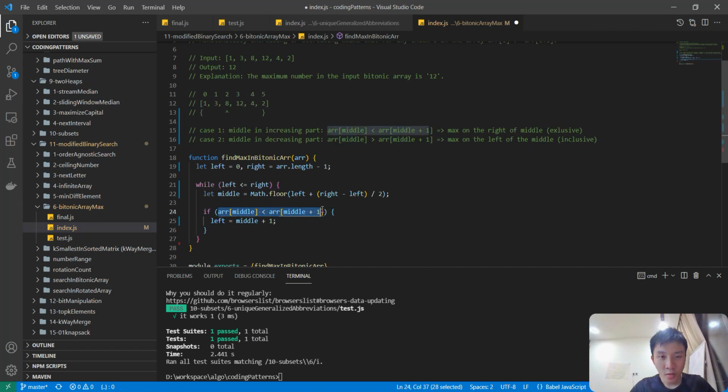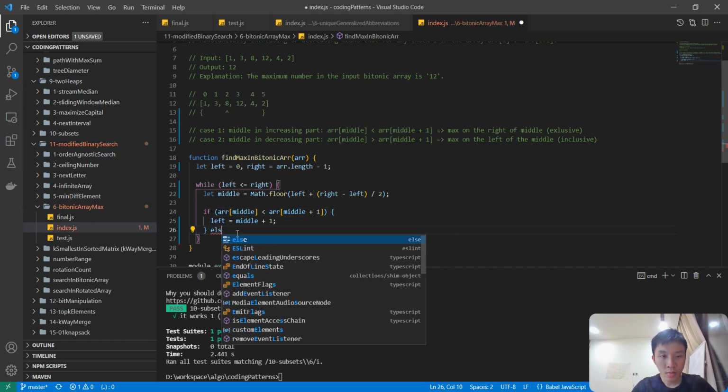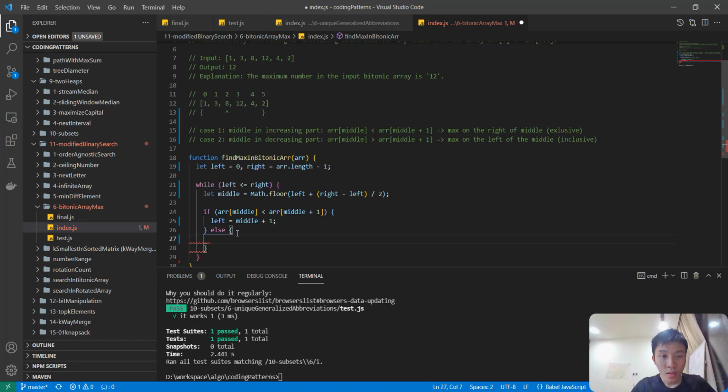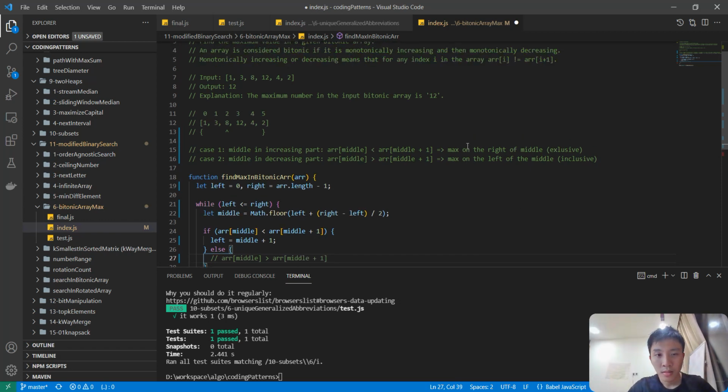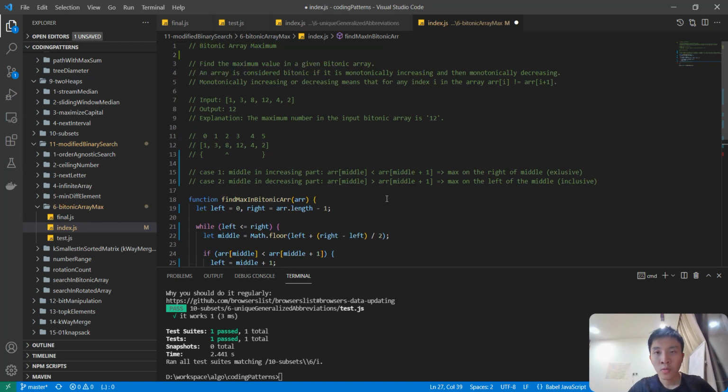But if this is not true, it means else here: array at middle is greater than array at middle plus one. There's no case where these two are equal because we know that for sure from the previous statement.